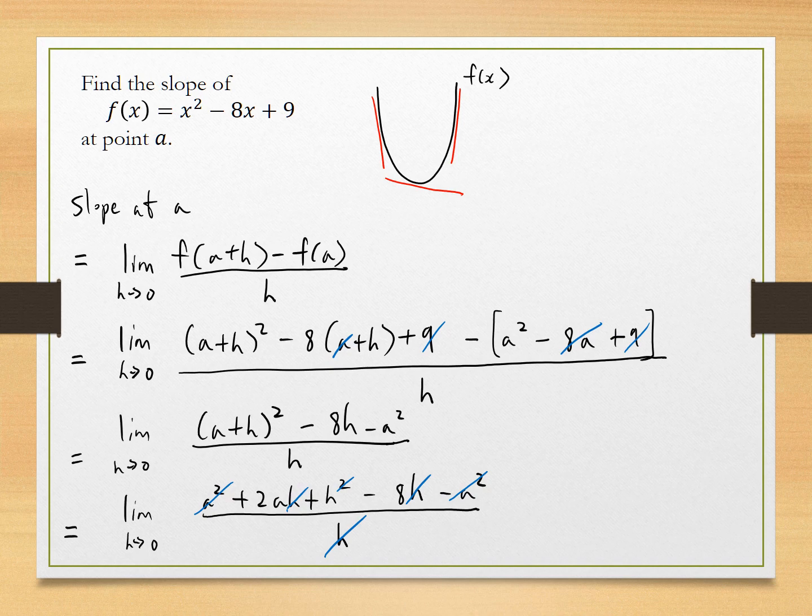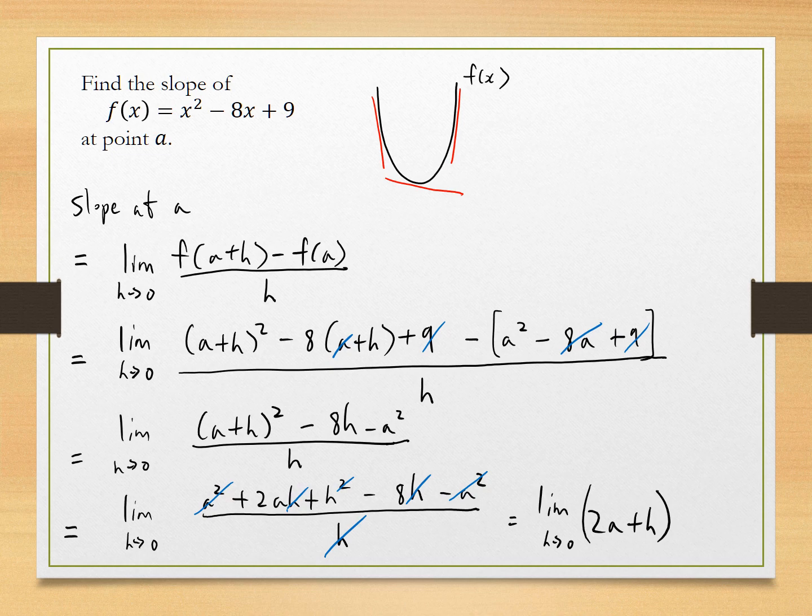You're left with the limit as h approaches 0 of 2a plus h minus 8. Here's the point where you can use the direct substitution rule. Remember that if you have a polynomial or a rational function, and you are trying to calculate the limit of that function, you can just directly substitute the value h is approaching into the function, and that's the limit.